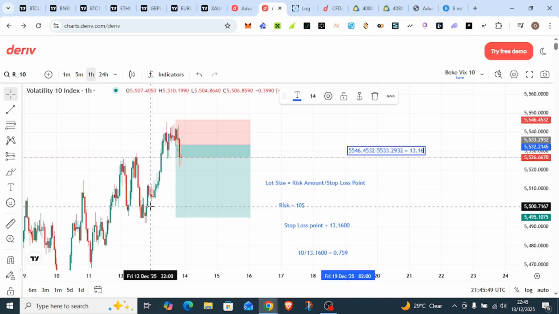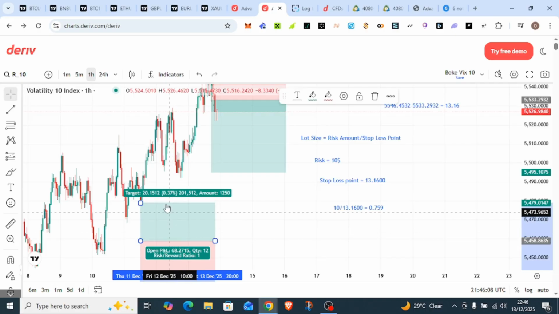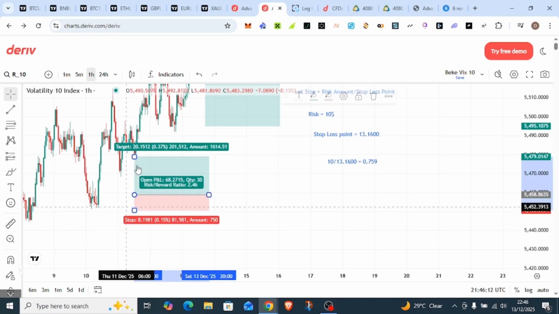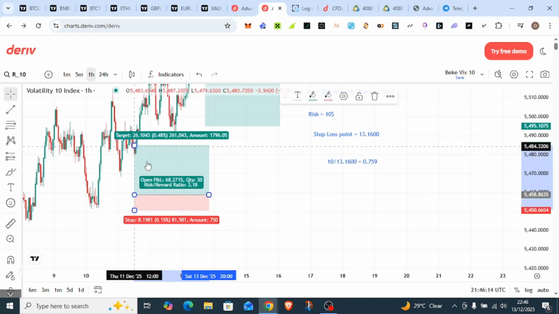So let's also try the long position. Assuming we want to long from here and we need our stop loss point, which we already have here as 8.1981.